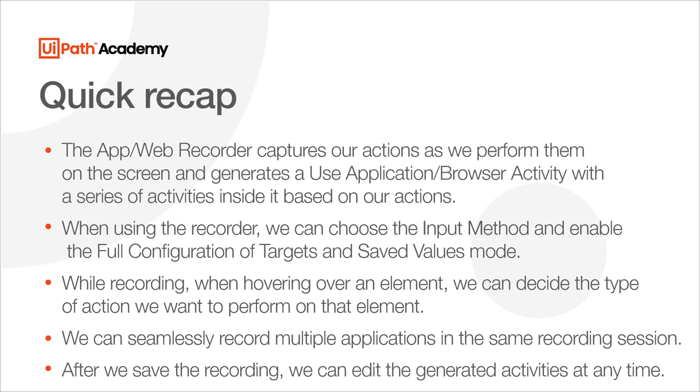When using the recorder, we can choose the input method and enable the full configuration of targets and saved values mode. 3. While recording, when hovering over an element, we can decide the type of action we want to perform on that element. 4. We can seamlessly record multiple applications in the same recording session. 5. After we save the recording, we can edit the generated activities at any time.